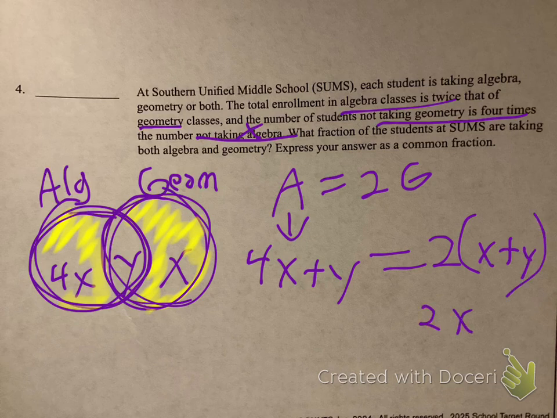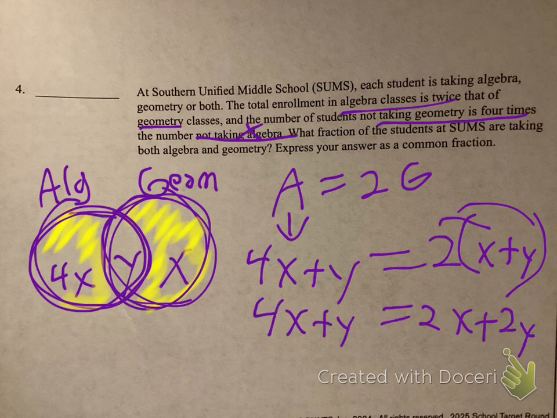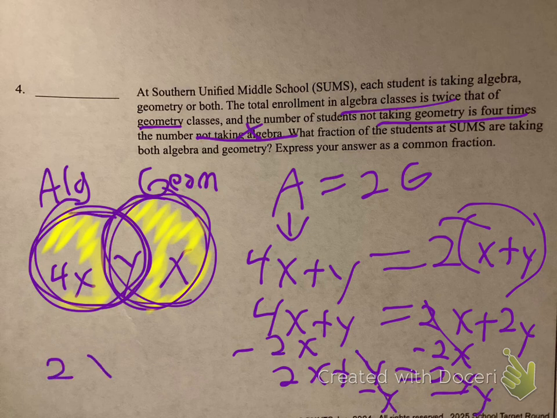So I get 2x. If I distribute, that's 2x plus 2y. And then if I just subtract 2x and subtract 2x over here, I get 2x plus y equals 2y. If I subtract a y, I end up with 2x equals y.